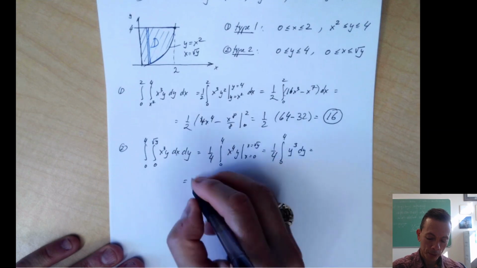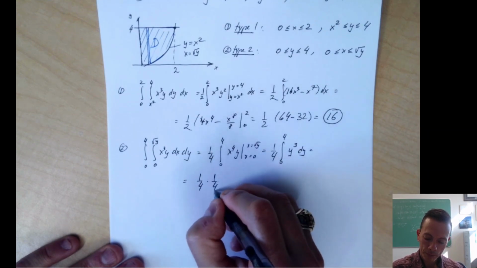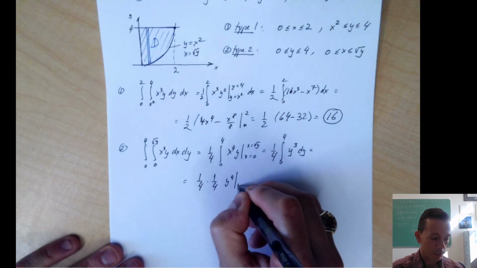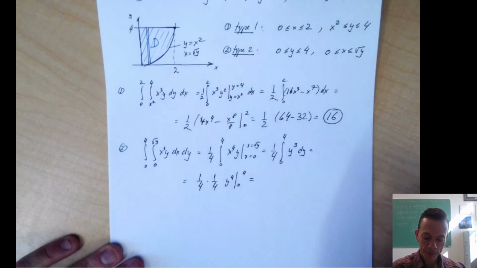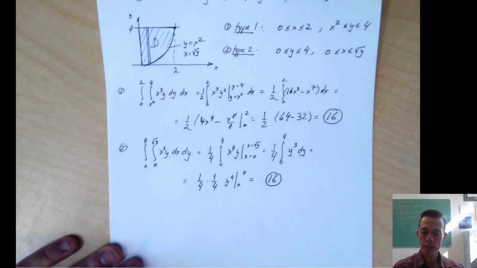And for the second integral now, it's y to the 4th over 4 between 0 and 4. And this gives you 16 again.